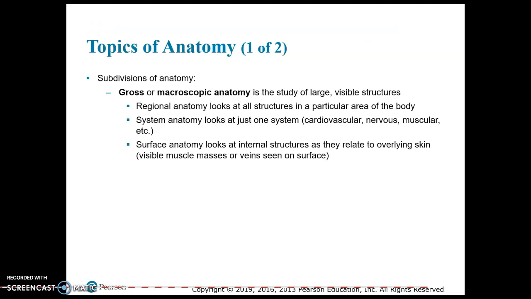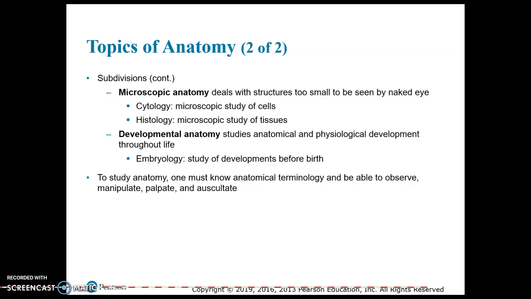As far as the subdivisions of anatomy, when we refer to macroscopic anatomy or gross anatomy, we're talking about structures that can be visualized without a microscope. And microscopic anatomy means that we're using a microscope to see the structures.